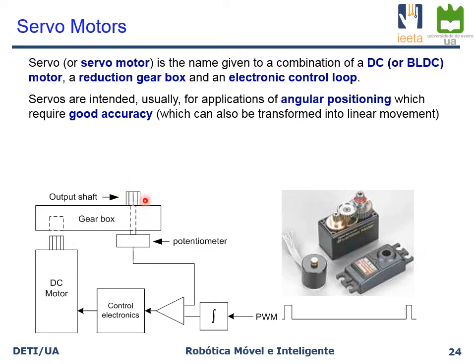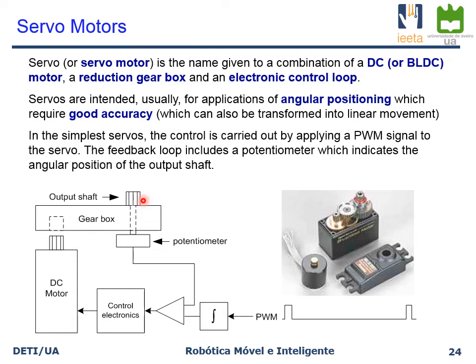The output shaft will rotate at a certain speed, and there is a potentiometer attached to the output shaft that can measure the angular position of the output shaft. And then you can control, and the easiest way to do that is through a simple PWM signal, the final angle that you want to achieve with this servo motor.